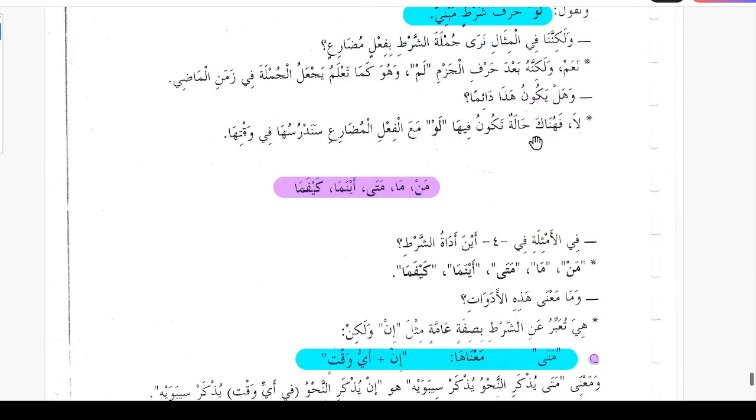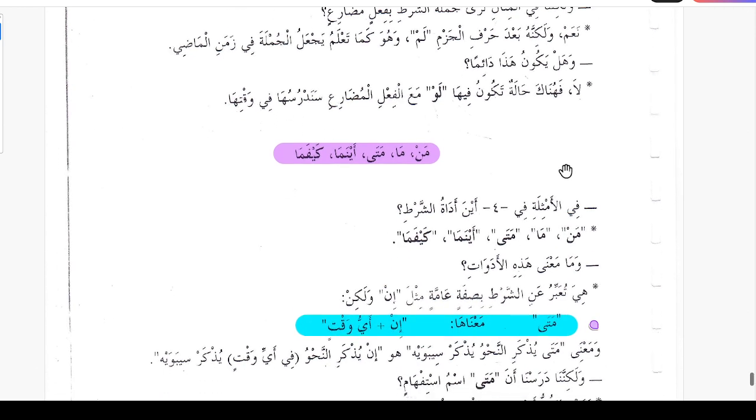No. There are cases where law comes with the fe'l mudare, which we are going to study in due time.